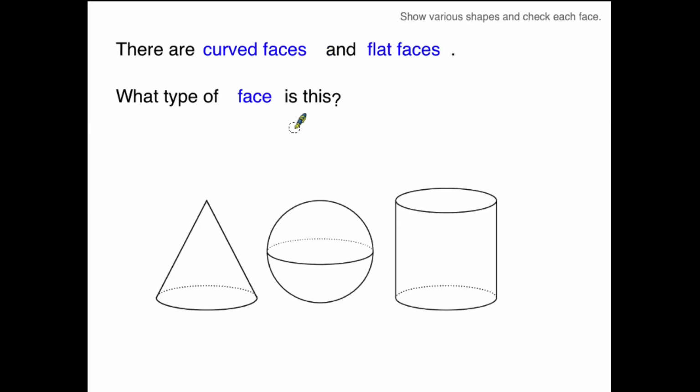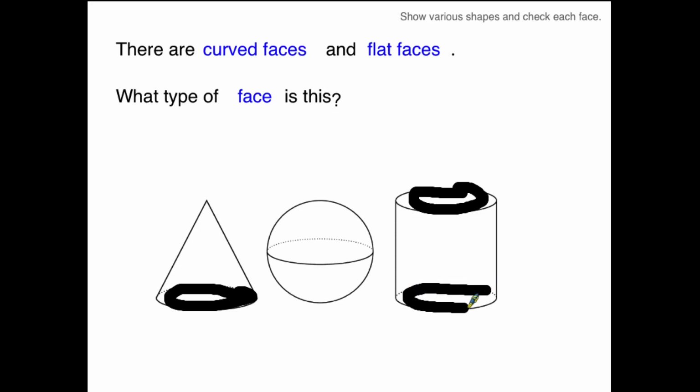So here we have our 3D shapes with curved faces. We can see the flat face on the bottom for the cone, and on the top and the bottom for the cylinder. But there is no flat part on the sphere.